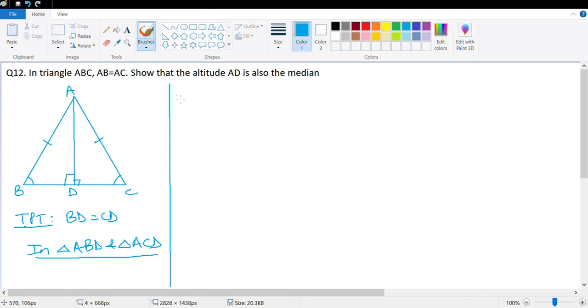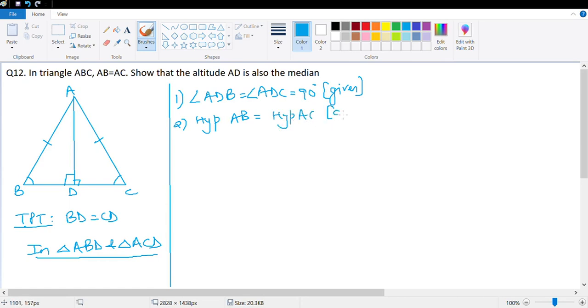So point number 1, angle ADB is equal to angle ADC is equal to 90 degree. The reason given. Point number 2, hypotenuse AB is equal to hypotenuse AC. This is also given.